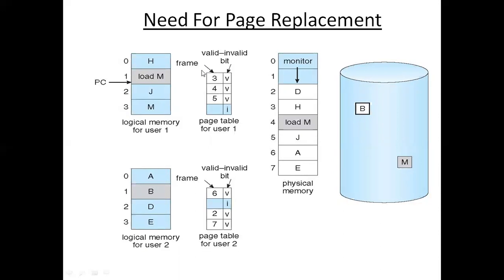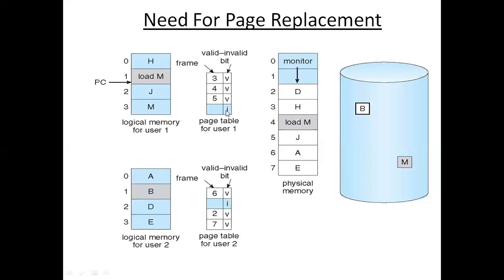Now if you look into the page table of each process, you see frame 3 is holding the first page, frame 4 is holding the second page, frame 5 is holding the third page. Similarly, in the page table of user 2, you will see frames 6, 2 and 7 hold 3 pages of process 2.